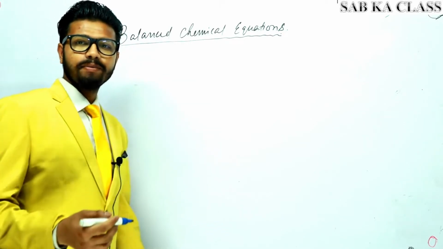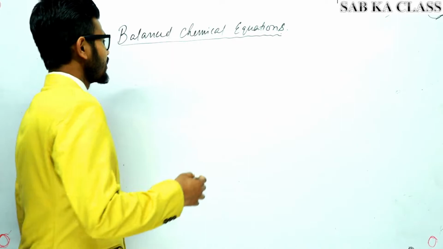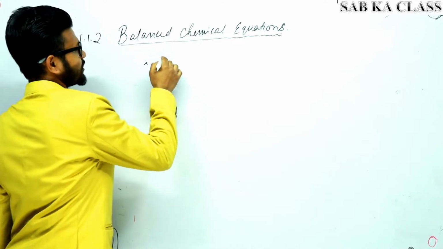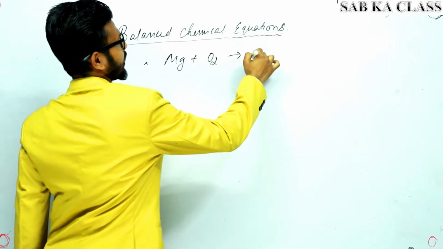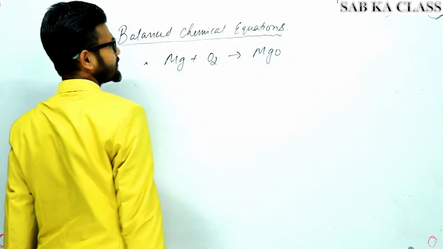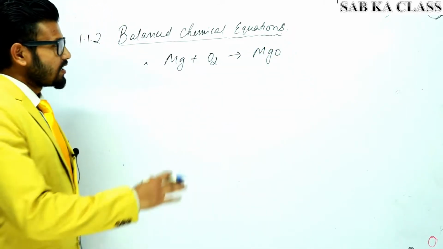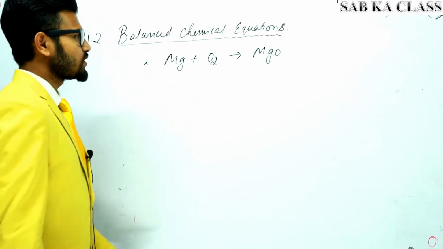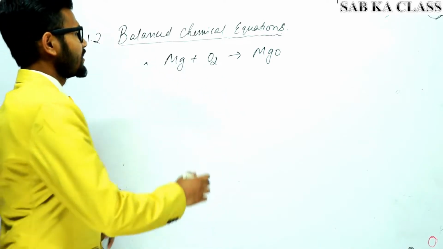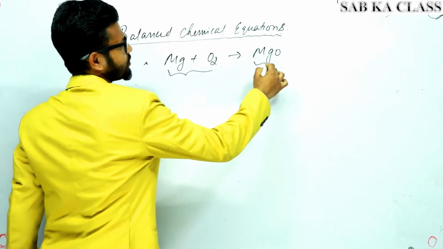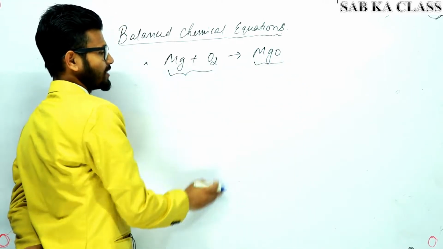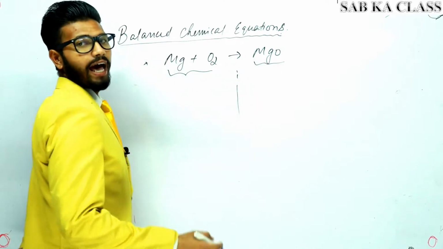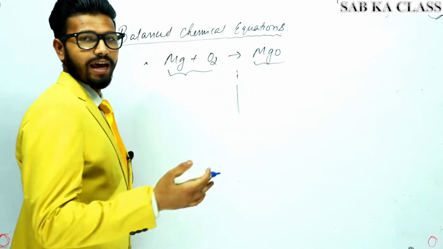Suppose we carry out the same example, the first example that we have learned, Mg plus O2 gives you what? MgO. It's a very simple question that I have given here. There are 2 parts. This is the reactant part, and this is your product part. But as you can see, let me write the numbers as rough work so that you can write very nicely.